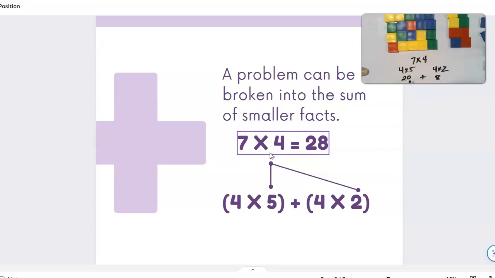Then add those 2 numbers. 7 times 4 equals the sum of these 2 numbers, which is 28. So feel free to distribute or change the way 2 numbers are multiplied by grouping them in different ways.